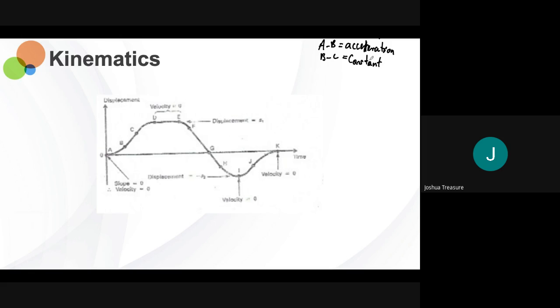Constant acceleration? No, that's not constant acceleration. It's constant speed, or rather, constant velocity. Perfect.